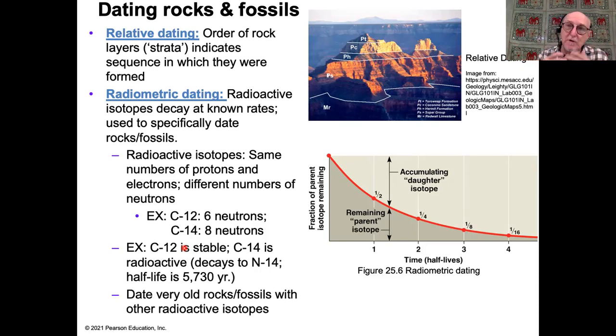So if you go to plant material, for example, which has been dead for a long time, or bone, or whatever, you can now look and see what is the ratio of carbon-14 to carbon-12 in those bones. Because as soon as they stopped accumulating carbon-14 from the environment, the amount of carbon-14 began to decrease.